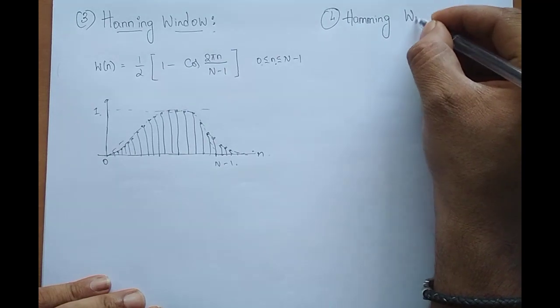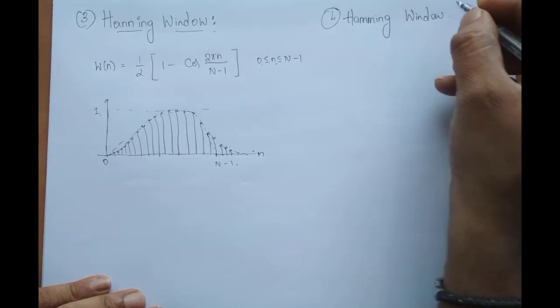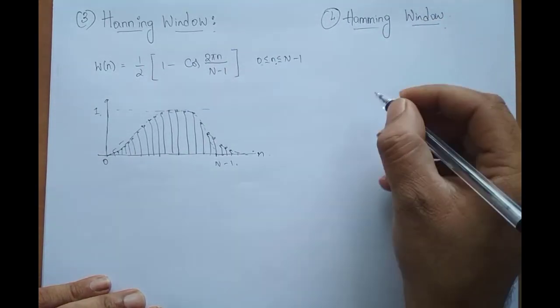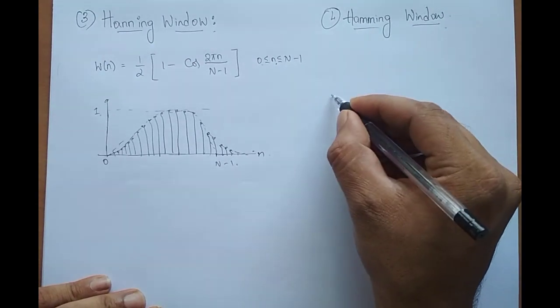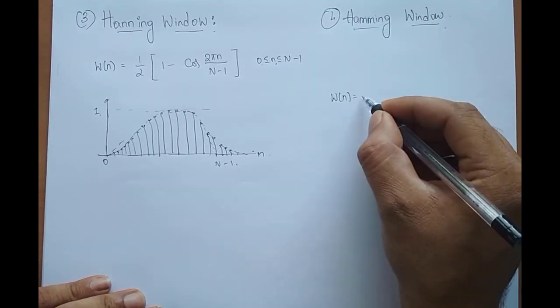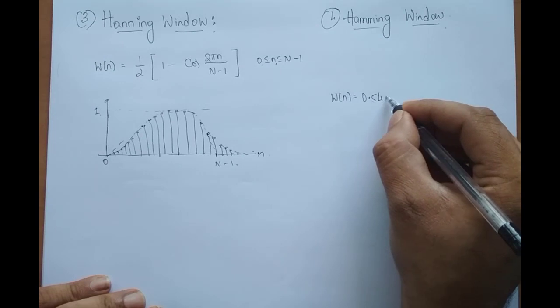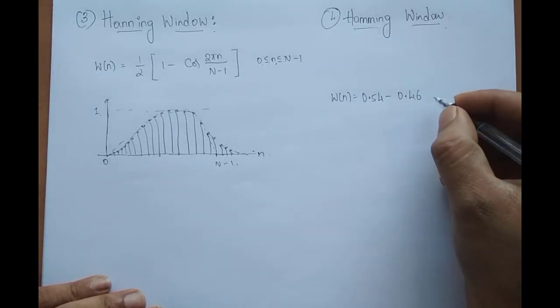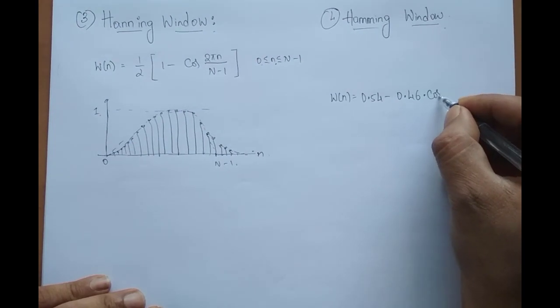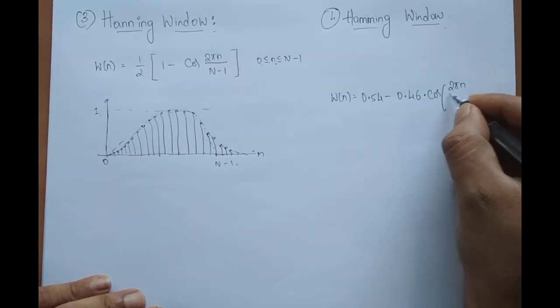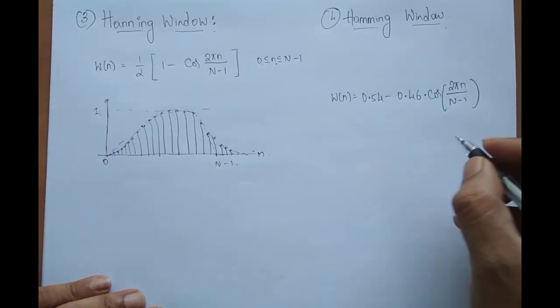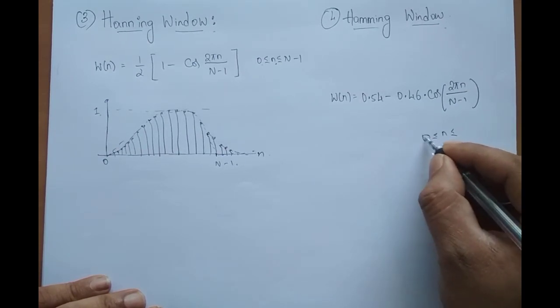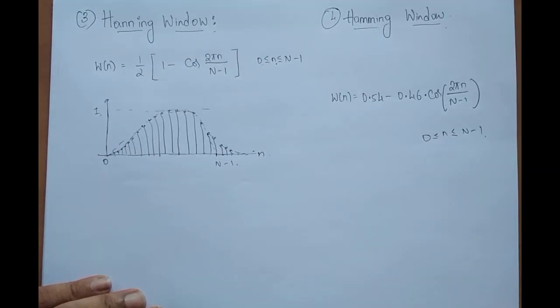And the next type is the Hamming window. Its mathematical equation is given by W of n is equal to 0.54 minus 0.46 into cos of 2 pi n divided by N minus 1, and again n is taking the value 0 to order minus 1.